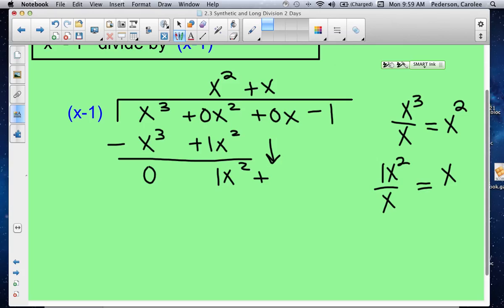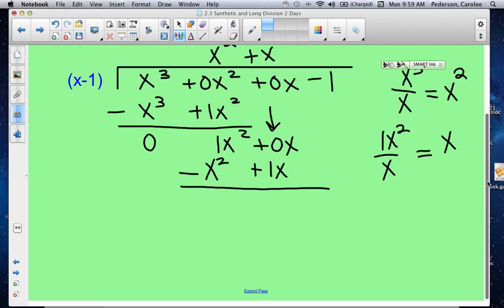Bring down that 0x. x times negative 1 is negative 1x. x times x is x squared. Change the signs. Negative, plus. x squared minus x squared is 0. 0x plus 1x is 1x. Bring down the negative 1.